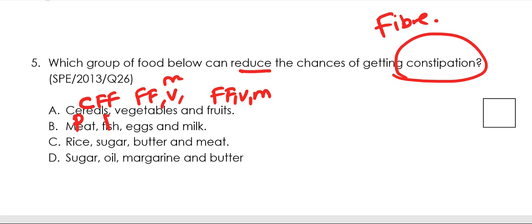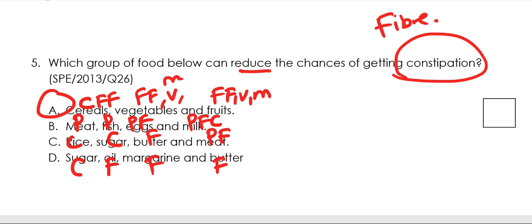Meat contains protein, fat. Rice is carb, sugar is carb, butter contains fat, and meat mainly contains protein and fat. Sugar contains carb, oil is fat, margarine is fat, and butter is mainly fat. And so the answer here is A.